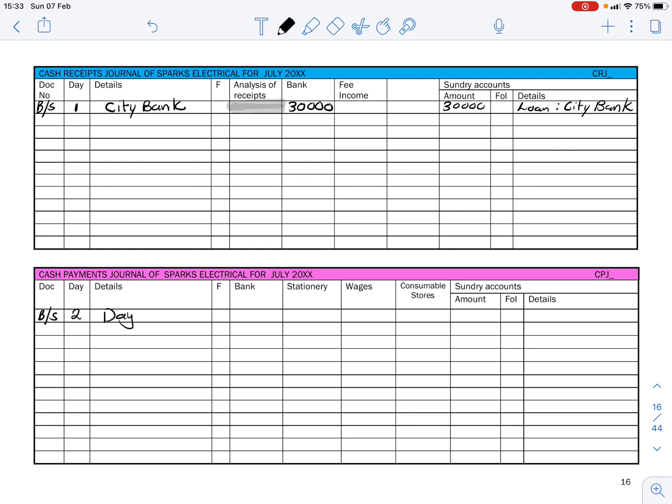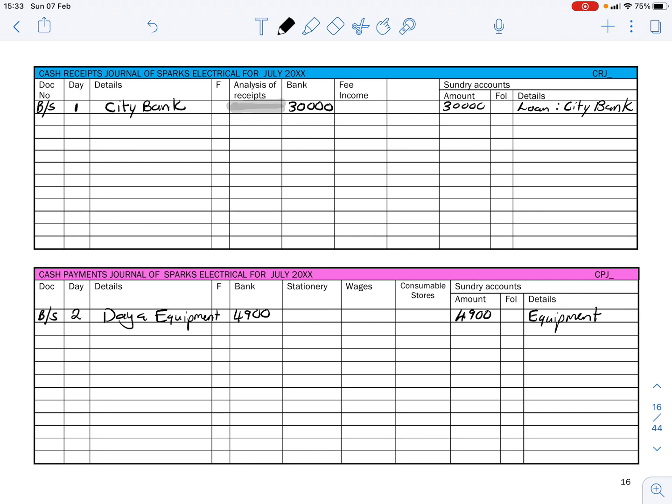We are paying Dyer Equipment. The figure is 4,900 Rand, and this is for equipment. So we take it across to the sundry column, and our detail should be equipment.